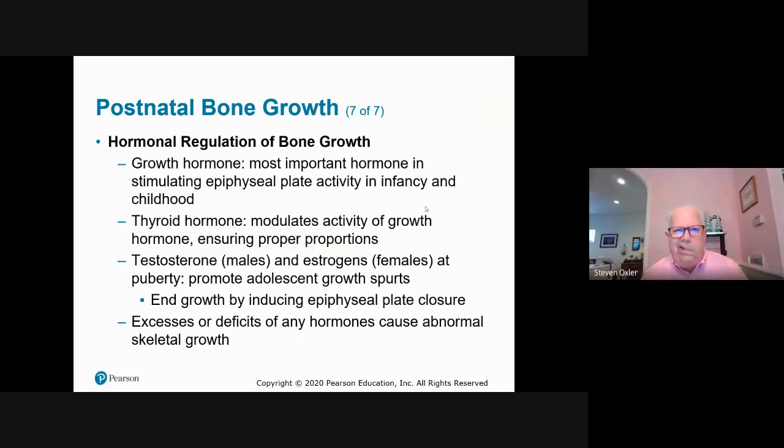The activity of the epiphyseal plate in infancy and childhood is controlled mostly by growth hormone. Another hormone, thyroid hormone, modulates the activity of the growth. So growth hormone is the most important. Thyroid hormone modulates it. The sex hormones, testosterone in males and estrogen in females, promote growth spurts.